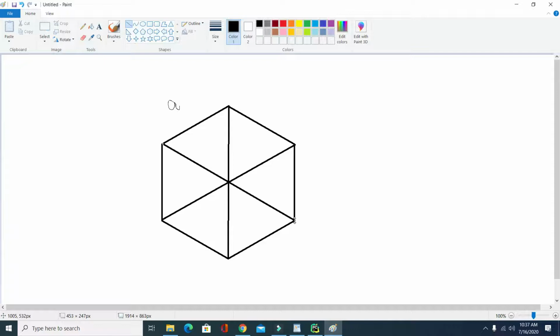So let's calculate the area of each individual triangle first.